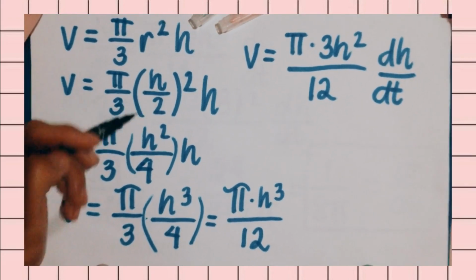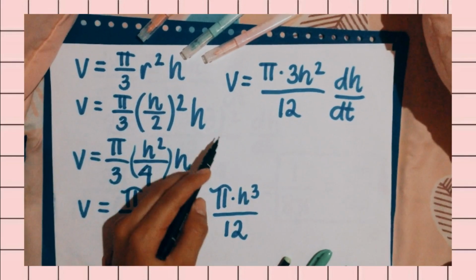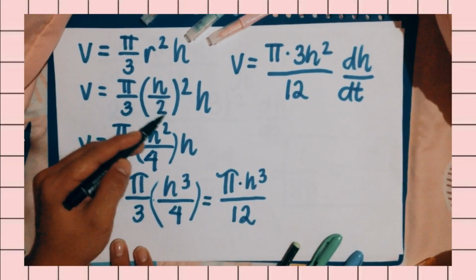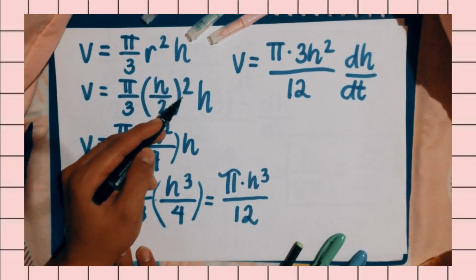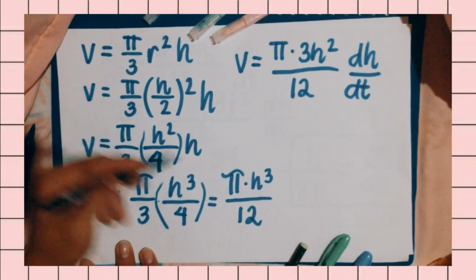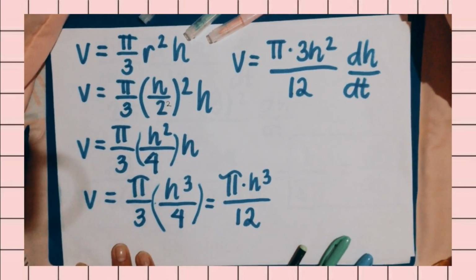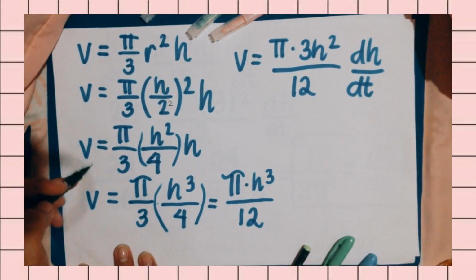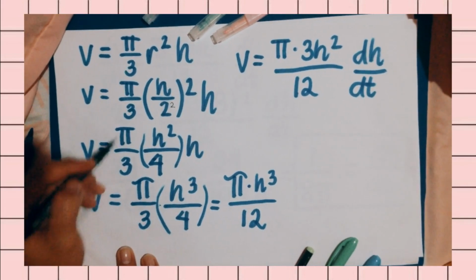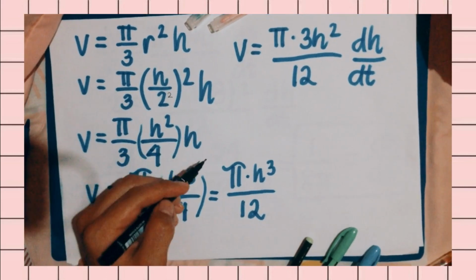So h over 2 squared times h. Let us distribute the exponent: h squared over 2 squared, which is 4. So V is equal to pi over 3 times h squared over 4 times h.